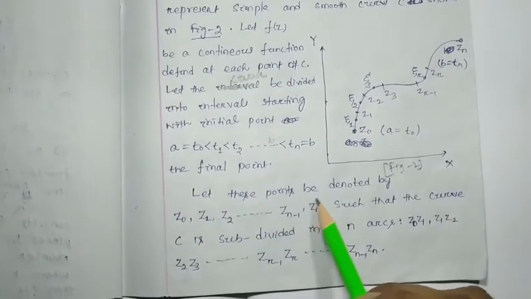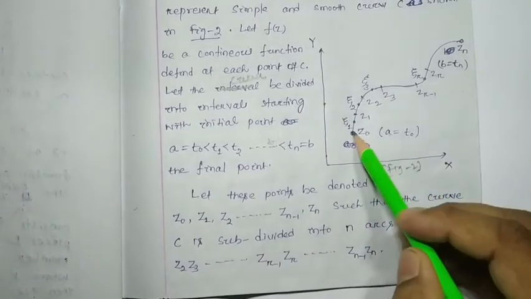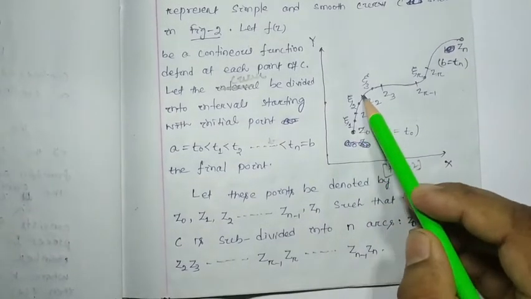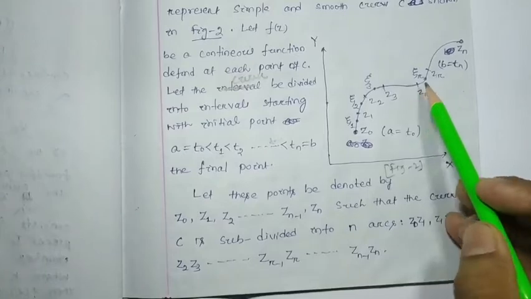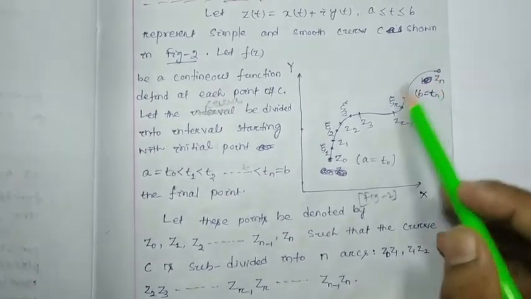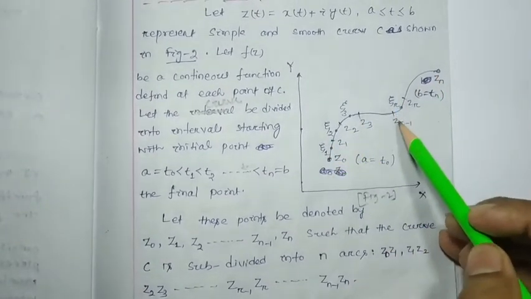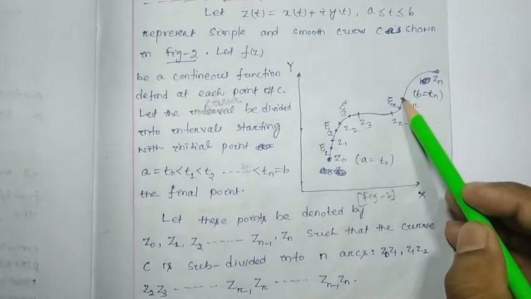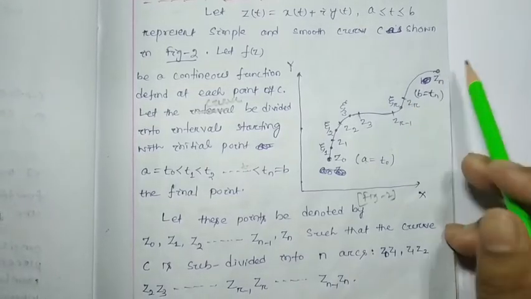Let these points be denoted by z0, z1, z2, z3, in between we can write z(r-1), this is zr, and this will be zn.